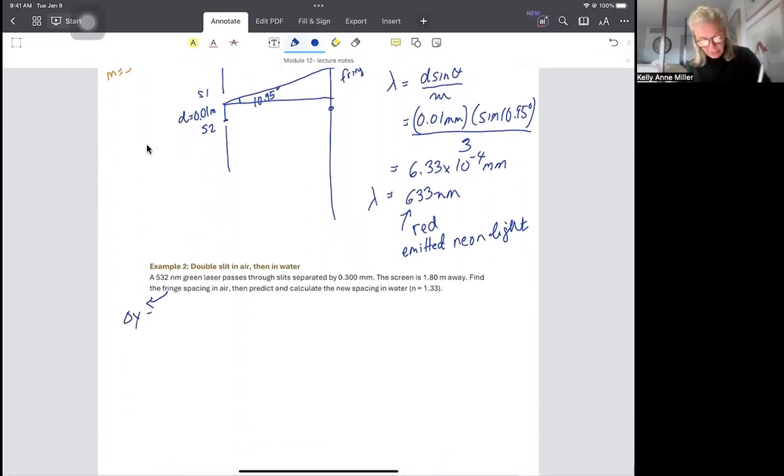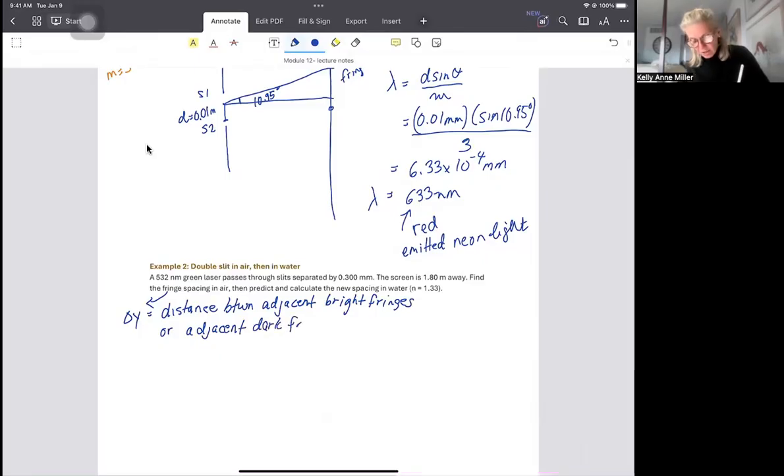It represents the distance between adjacent bright fringes or adjacent dark fringes.